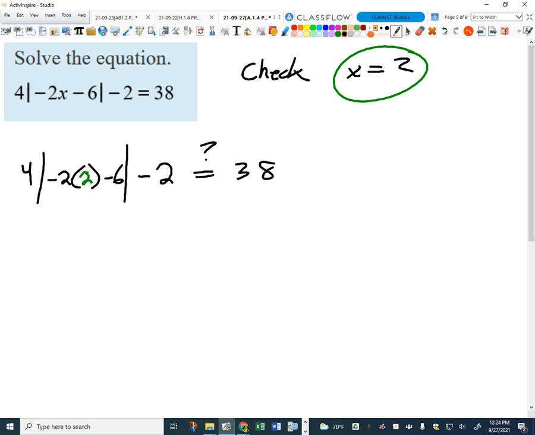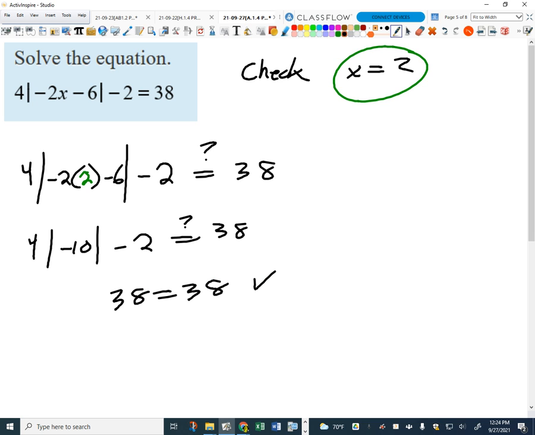Let's see. What's negative 2 times 2? Negative 4 minus 6? Negative 10. So I get 4 times the absolute value of negative 10 minus 2. Is that equal to 38? What's the absolute value of negative 10? 10. 4 times 10 is 40. 40 minus 2.